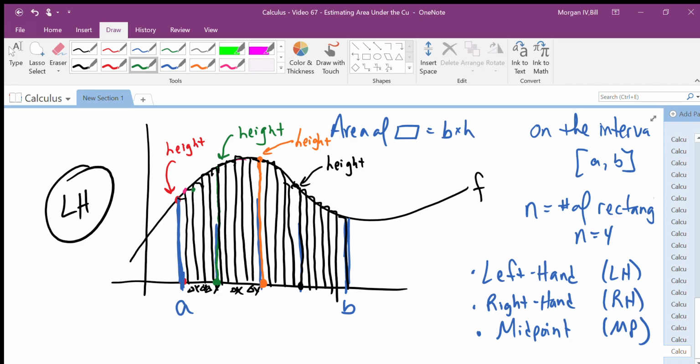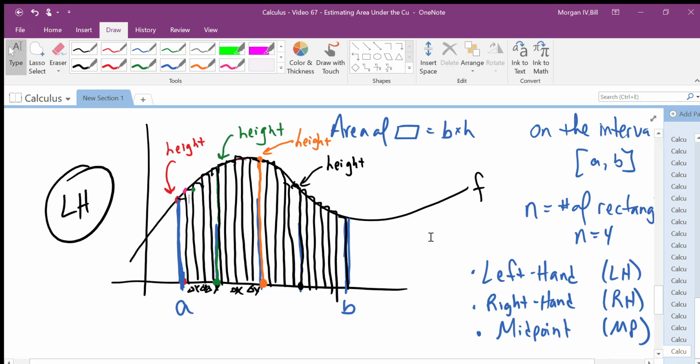So as delta x goes to 0, the left hand and the right hand basically get squished together. Whether you're using left hand, right hand or midpoint, it doesn't end up mattering, because those points are coming closer and closer together. While left hand, right hand, midpoint will give you very different answers if you're only using 4 rectangles, you'll get the exact same answer if you let the number of rectangles go to infinity.